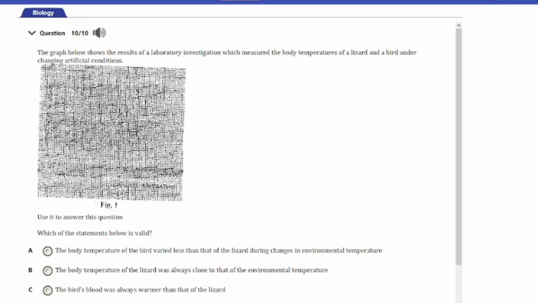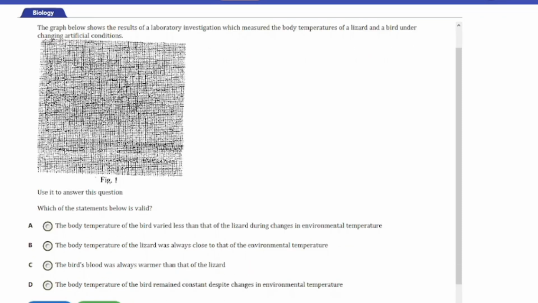C. The bird's blood was always warmer than that of the lizard. And D. The body temperature of the bird remained constant despite changes in environmental temperature. So guys, the answer to this question here is option D. The body temperature of the bird remained constant despite the changes in environmental temperature.